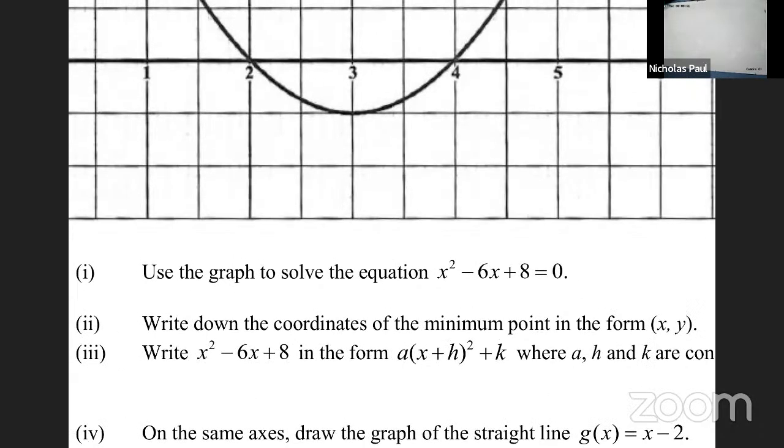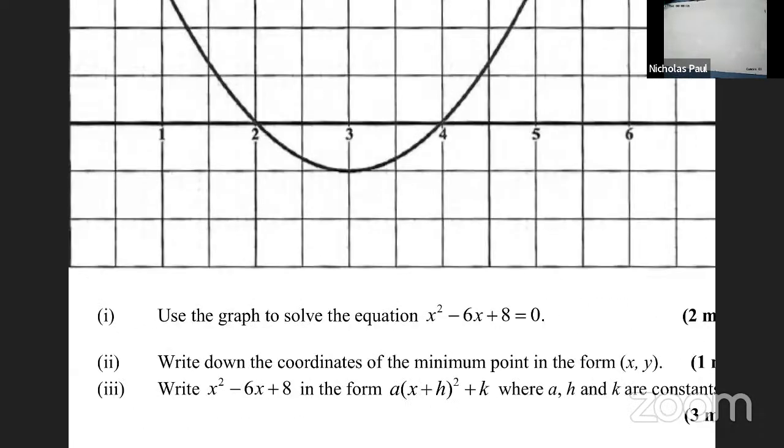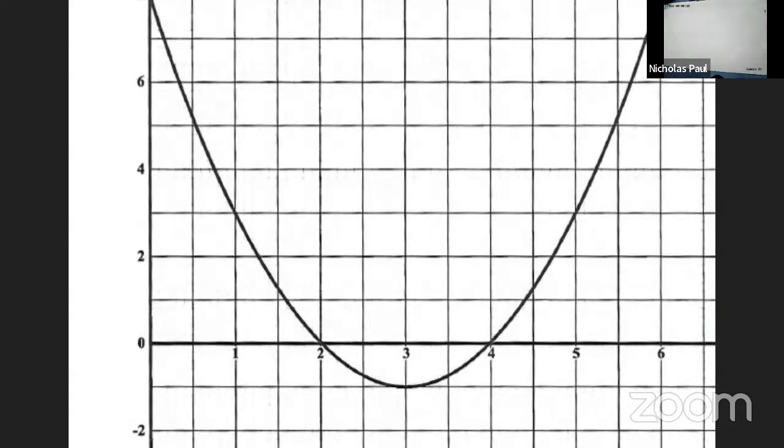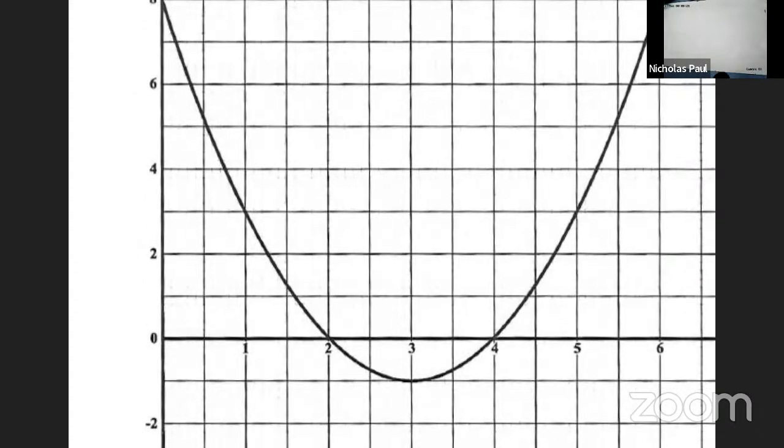Guess what they want now? Write down the coordinates of the minimum value. That's part 2. Look at the graph and tell me what are the coordinates of the minimum value. Carisha, what you got?